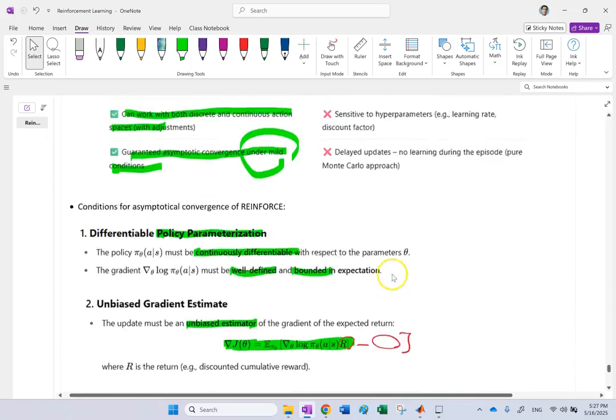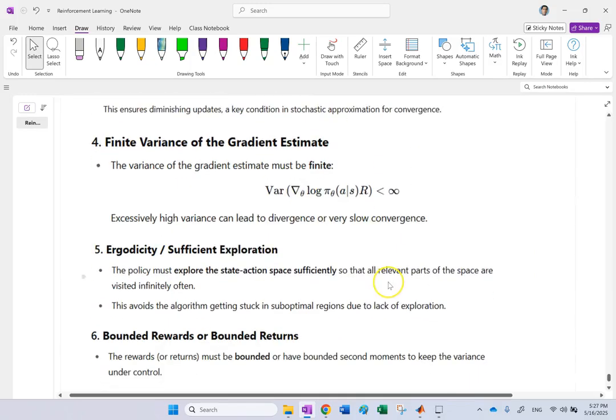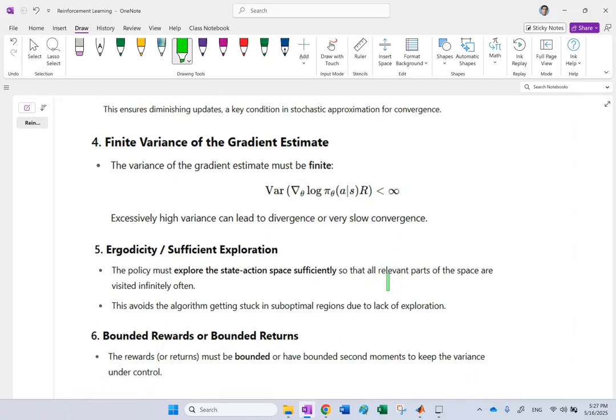Going back, the variance of this gradient, because this gradient is just a probabilistic number also, so it might be biased, but it also has variance. We need to make sure that the variance of it is also finite. Sometimes the variance of this estimate can grow very large, and if it does, your algorithm might not converge, or it converges very slowly.